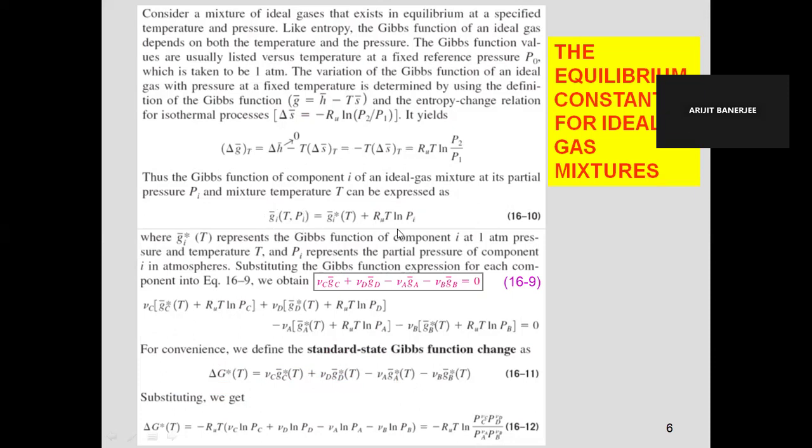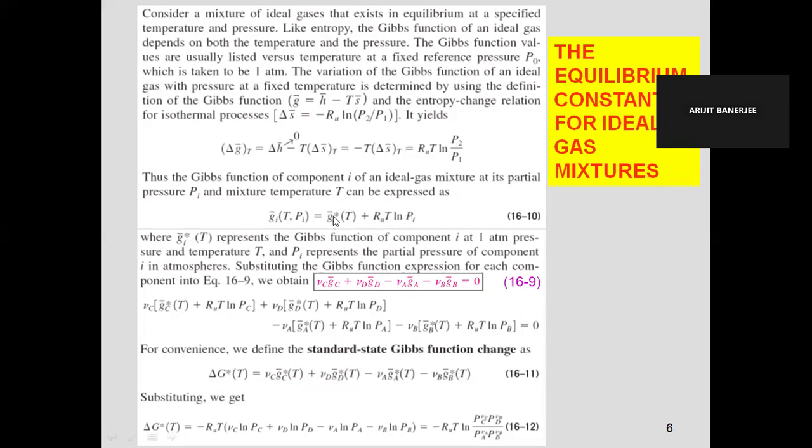Sorry, this is the expression of G bar i. G bar i means G bar of a particular component, say A or B or C or D, whatever. This is the term that we want to calculate in terms of something which we can get from the table, or which we can calculate from the known properties.